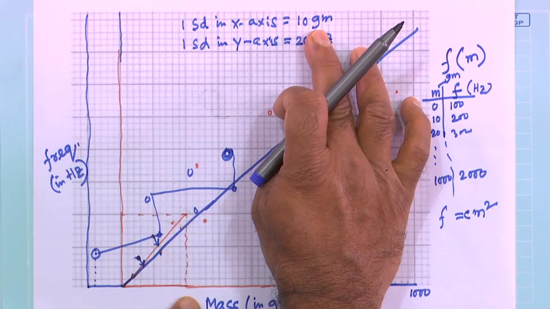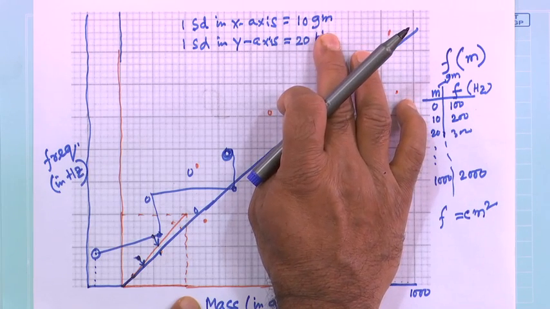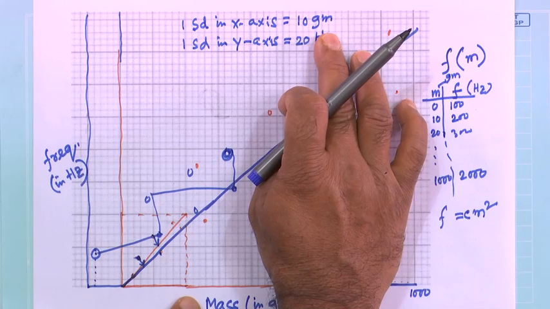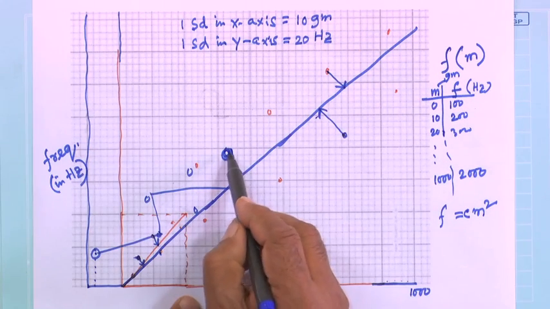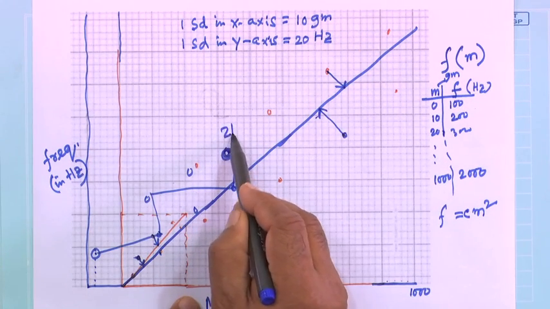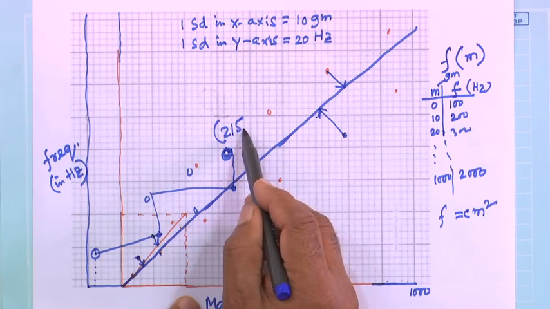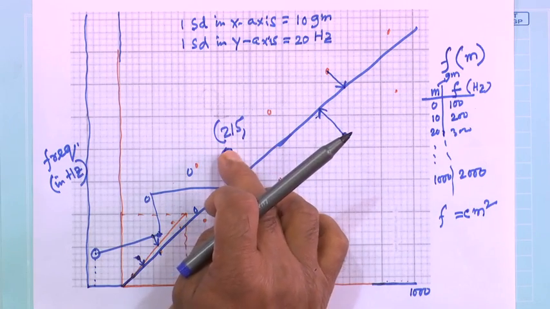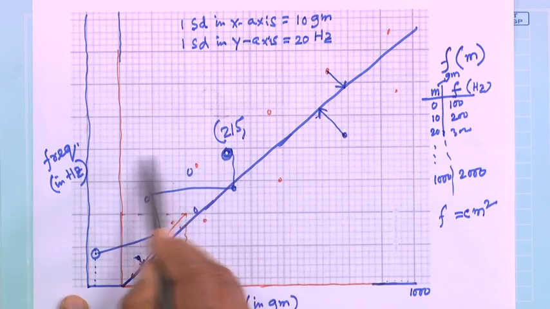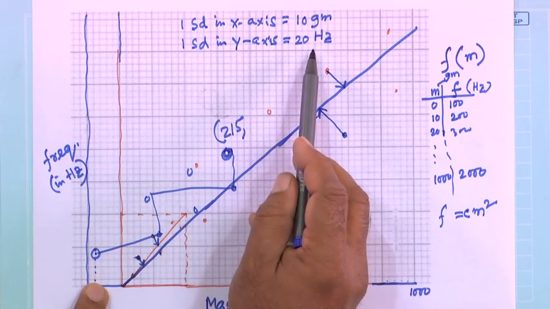So, multiply 21.5 with 10, it is 215. So, this x axis value will be 215 gram. And the y value you have to count here. Here the smallest division is 20 hertz.